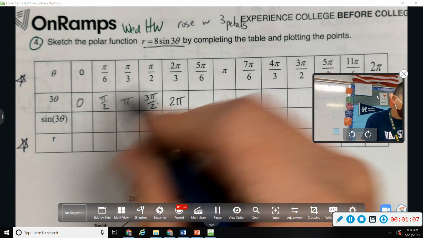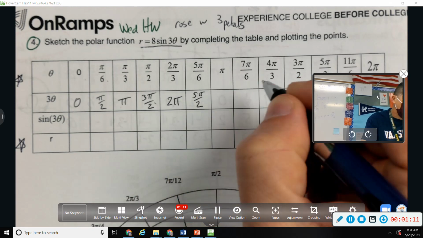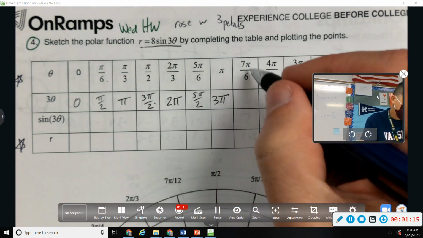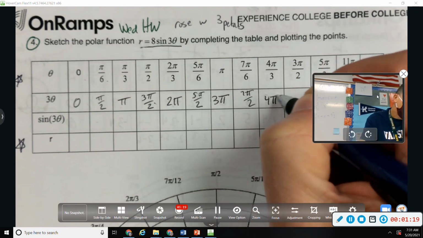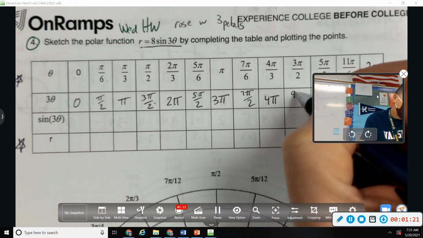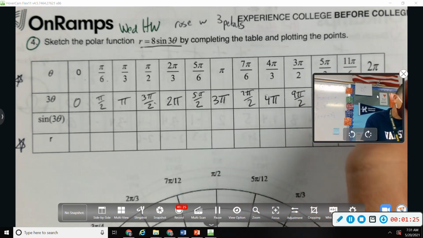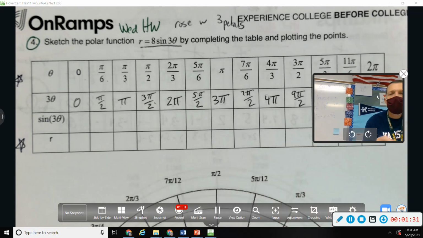Now we get a little bit harder here, but the 3 and 6 would reduce. 5 pi over 2, 3 pi, 7 pi over 2, 4 pi, 9 pi over 2, 5 pi. We kind of get the pattern here. 11 pi over 2, and 6 pi.